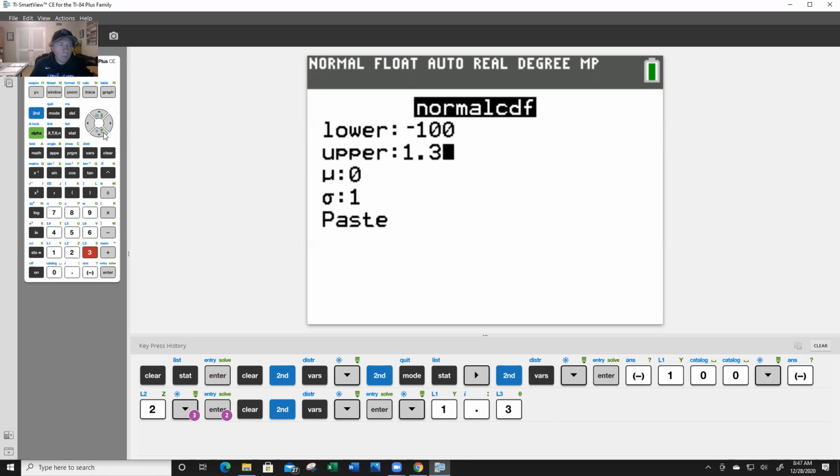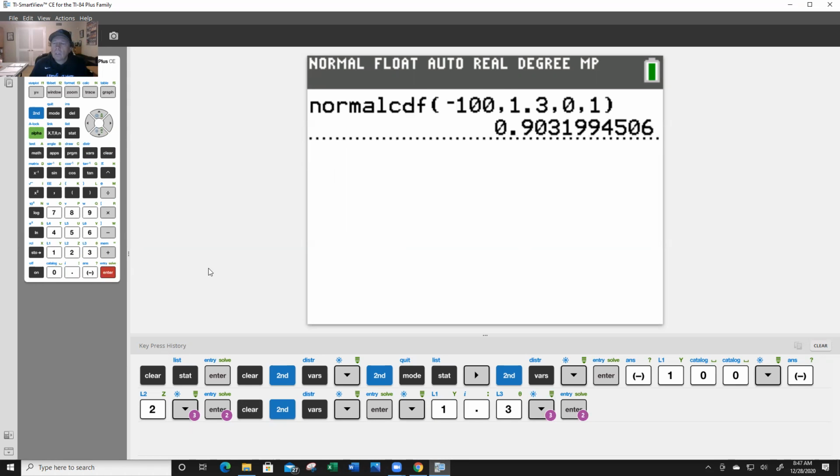I think that was what we were doing. All right. And it's 0.9032 because you're going to round to 4 spots. If you remember that, you look at the 5th number. It's 5 or greater, so you round up. Okay. 0.9032. All right. Very cool.